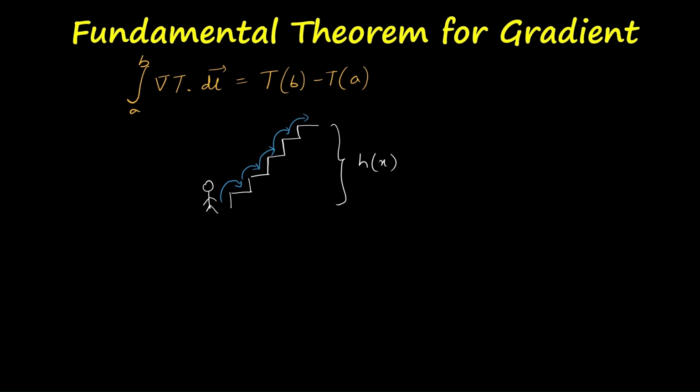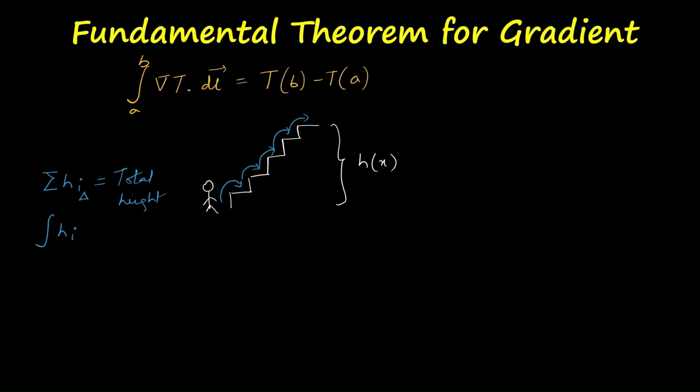Then for each step, let's say h_i, you can sum these up, and you'll get the total height. This is a discrete case, that's why I have used summation. If it is a continuous case, then it gives the integration.